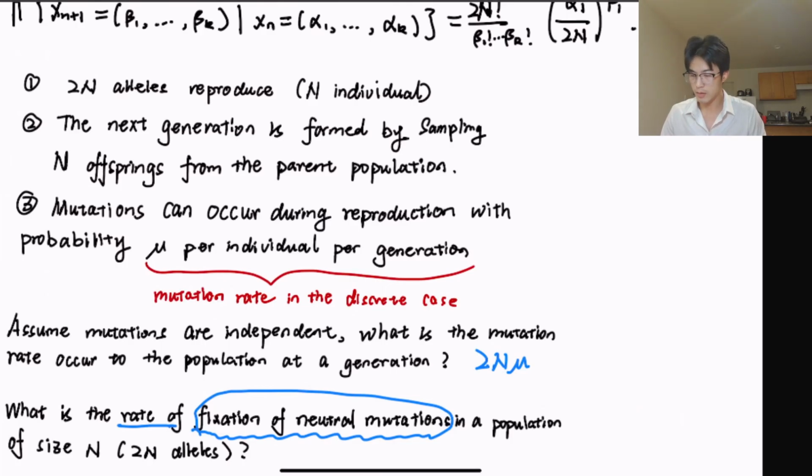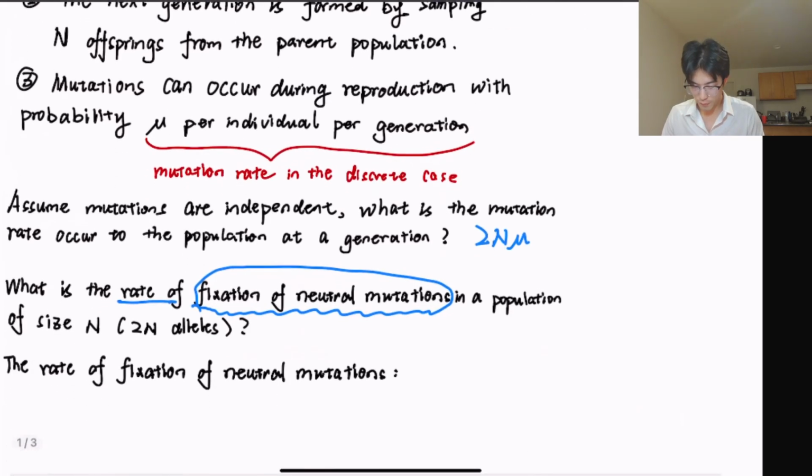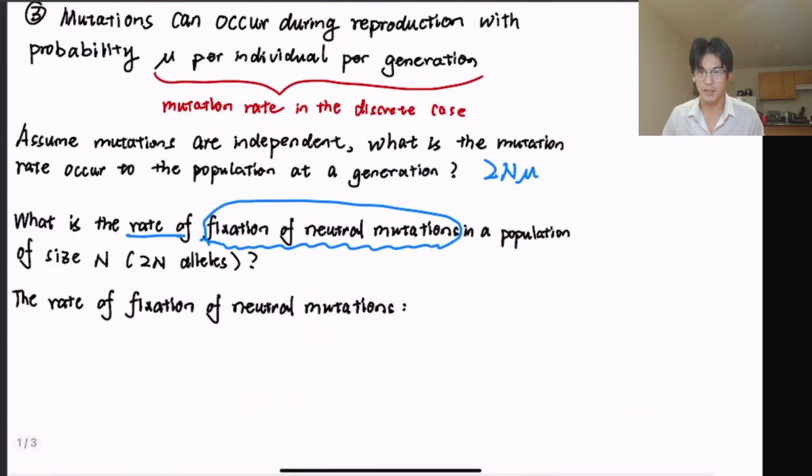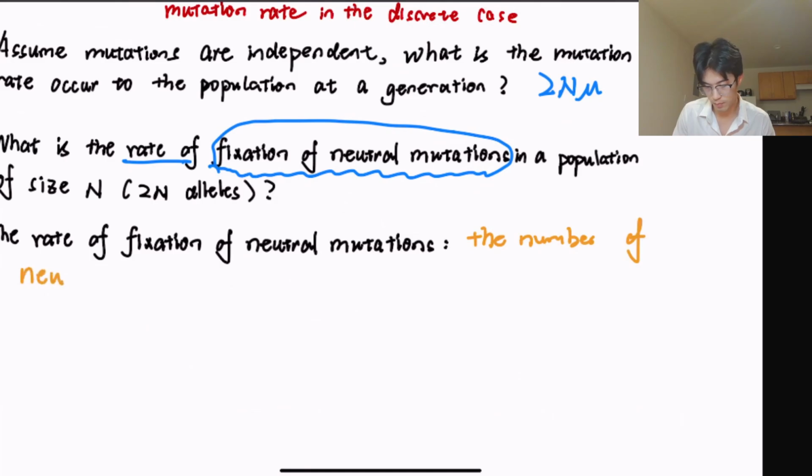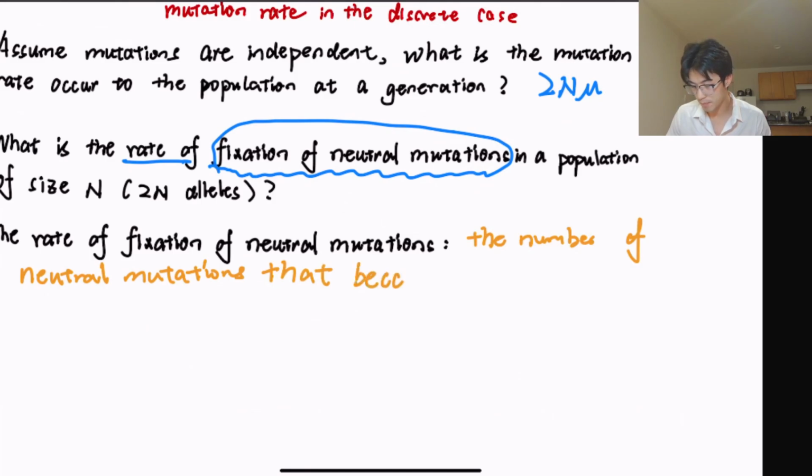So the rate of fixation of neutral mutations is actually the number of neutral mutations that become fixed in a population per unit time.